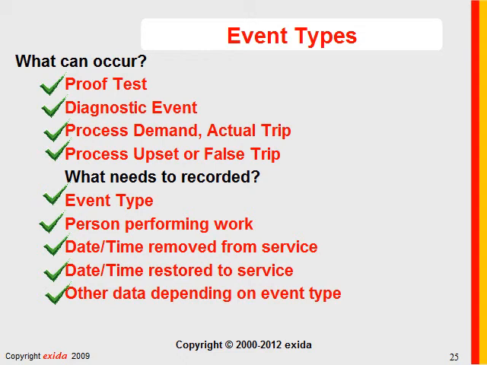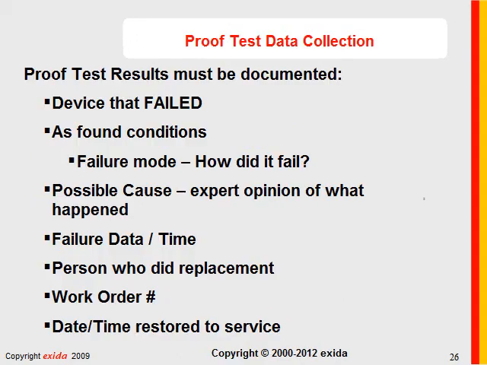Okay, knowing this, let's take a look at the particular data for a proof test. You need to know what device failed. You certainly need to know as found conditions, and if possible the failure mode. How did it fail? I mean, if you just go out and try to do a calibration and you check, the first thing you do is check to see if it's in calibration.